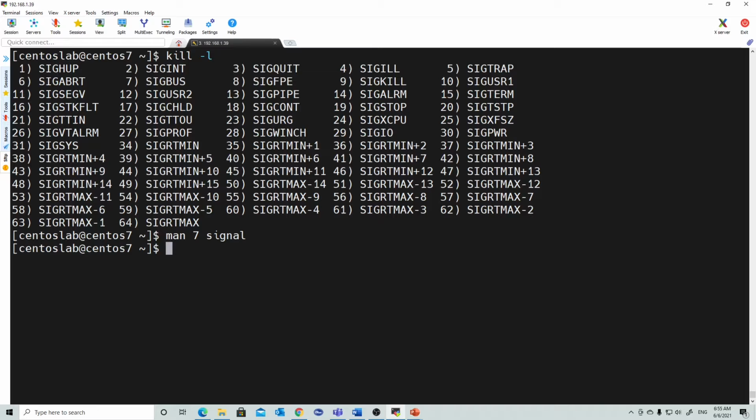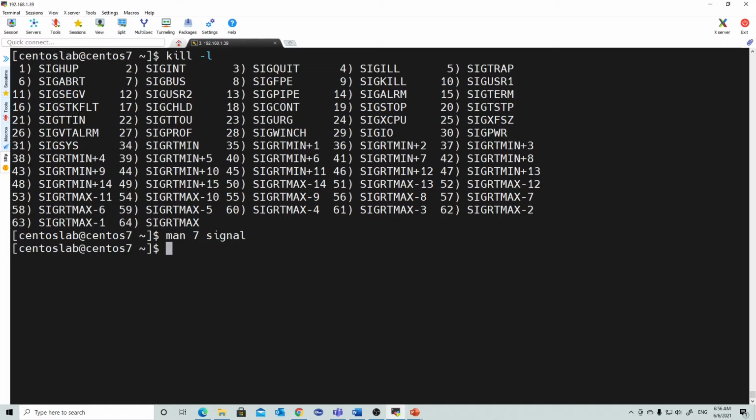SIGBUS, bus error. SIGFPE, floating point exception. SIGKILL, kill signal, cannot be caught or ignored. SIGUSR1, user-defined signal 1. SIGSEGV, invalid memory reference. SIGUSR2, user-defined signal 2. SIGPIPE, broken pipe, write to pipe with no readers.